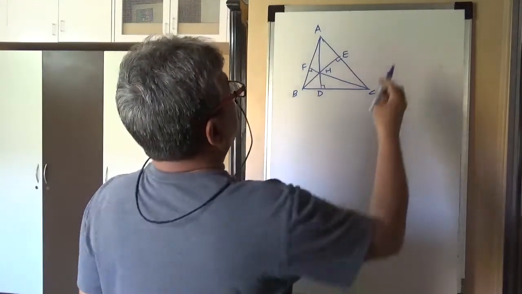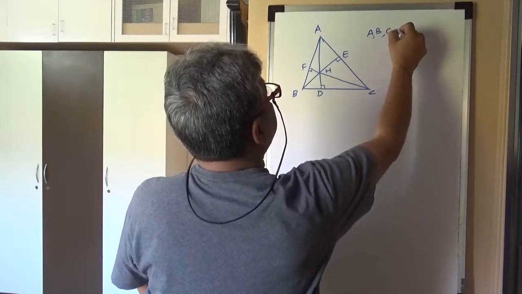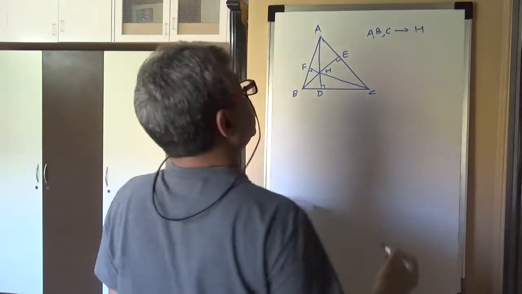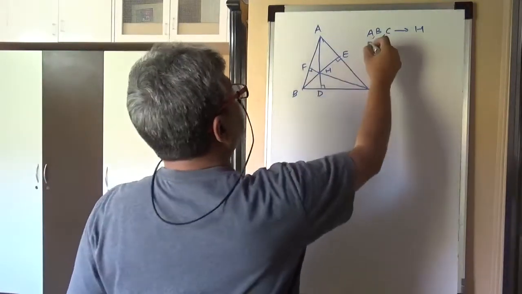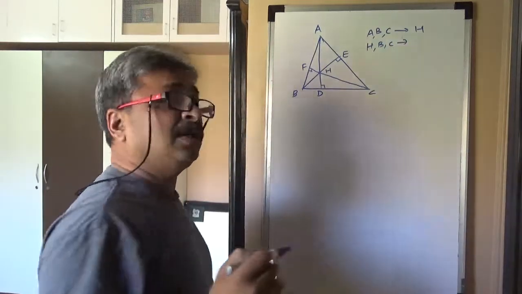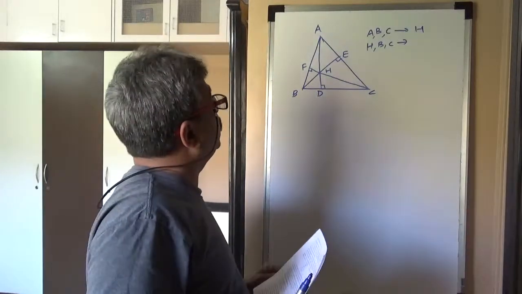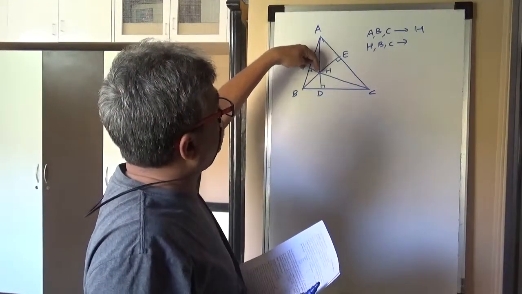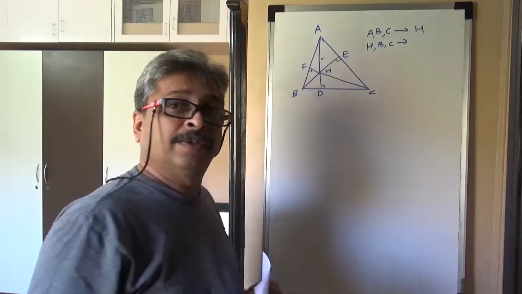Now, if we consider triangle ABC, that means points ABC, then H is the orthocenter. But if we consider triangle HBC, what is the orthocenter of triangle HBC? What we should do is draw a line from H perpendicular to BC. That means this is the same line.